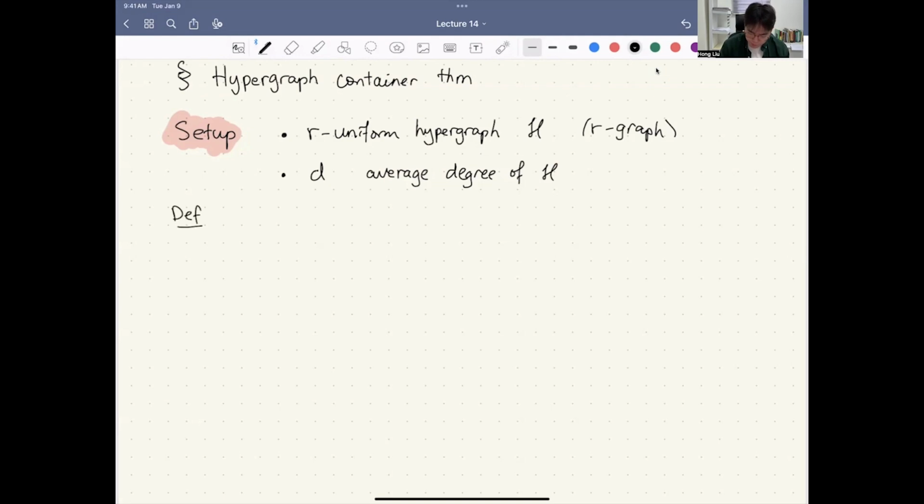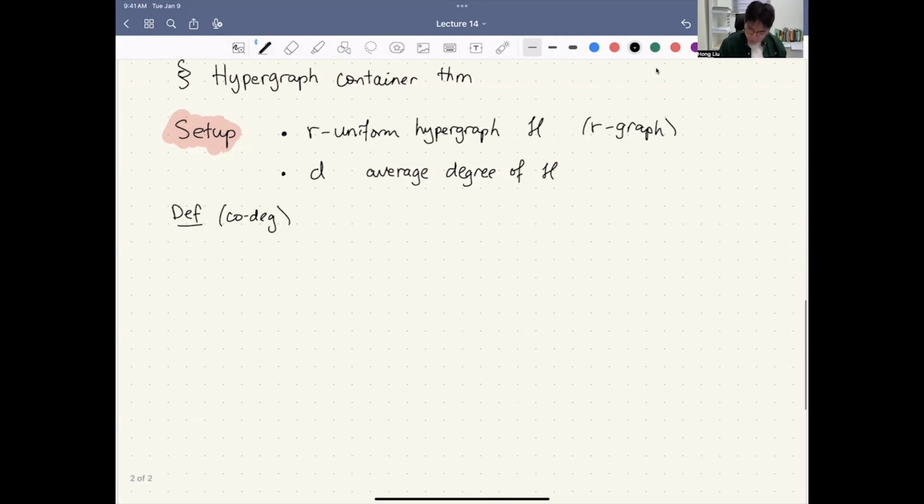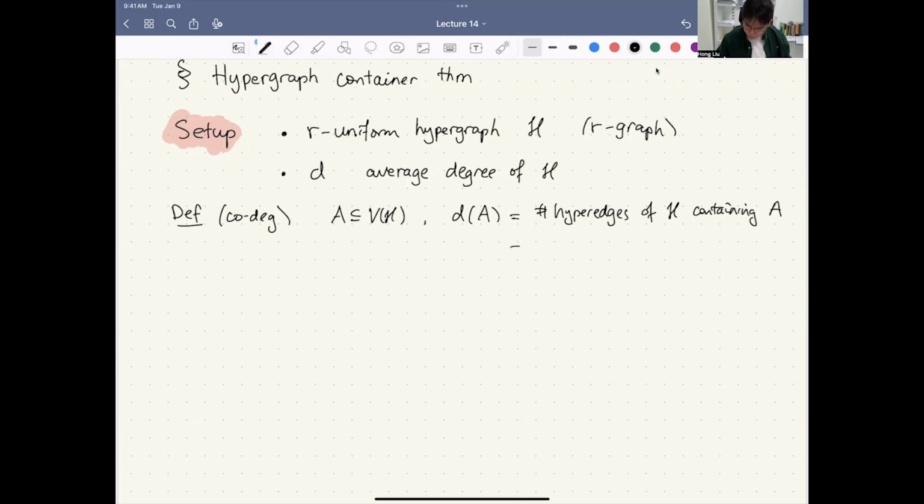Definition, codegree: given a set A of vertices of the r-graph H, we write d(A) to be the number of hyperedges in H containing the set A. In other words, this is the set of all edges in H such that the edge contains A as a subset, and you take the cardinality of this set.